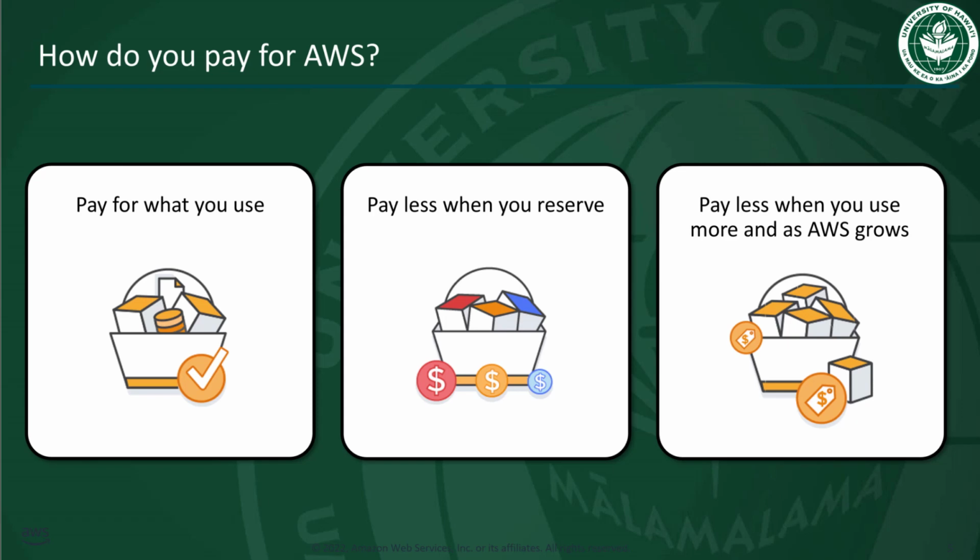So how do you pay for AWS? This is the philosophy that underlies AWS pricing. While the number and types of services offered by AWS have increased dramatically, we're talking many hundreds, the philosophy on AWS pricing has not changed. At the end of each month, you pay for what you use. That's a good thing. You can start or stop using a product at any time, and there are no long-term contracts required.